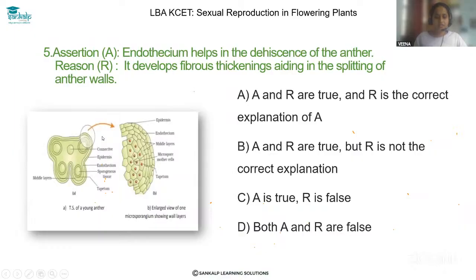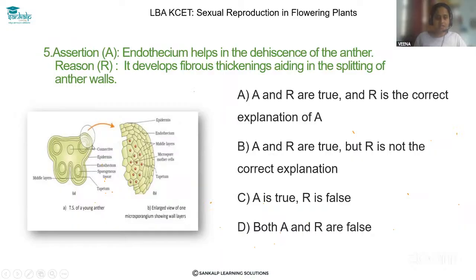Dear children, just observe the structure here. Already you studied the structure of the TS of a young anther, and you know that there are four different layers, four different parts. That is epidermis, endothecium, then middle layer, and then tapetum. So here the endothecium helps in dehiscence of the anther.